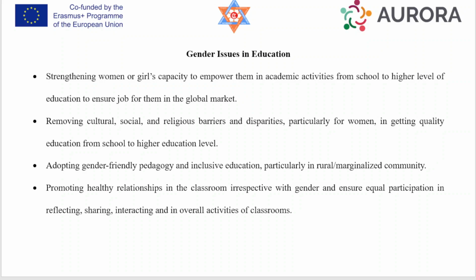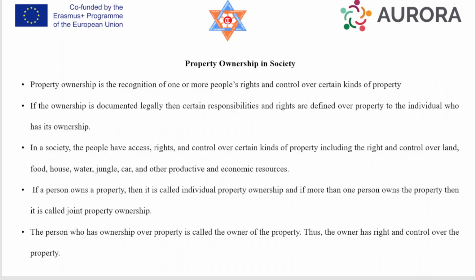The next issue related to gender in the society is the property ownership in society. First of all, let's describe what property ownership means. Understanding property ownership in society means understanding right and control.